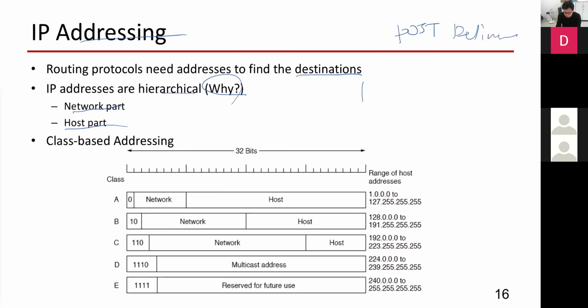Okay, in Korea, I think one or two. SNU has one, and KT has a Class A. KT and SNU, I think only two institutes have a Class A. And Class C like this is usually given by ISPs, Internet Service Providers.